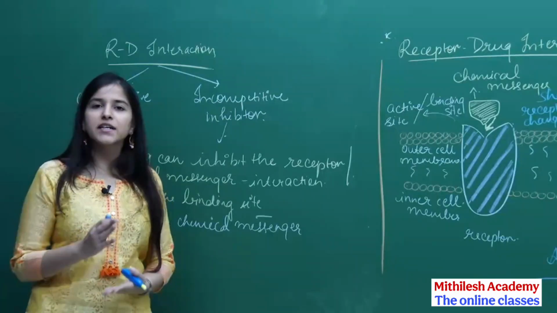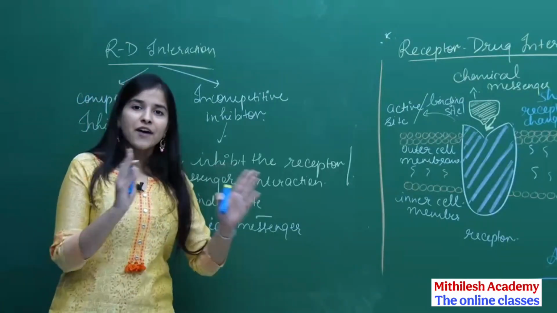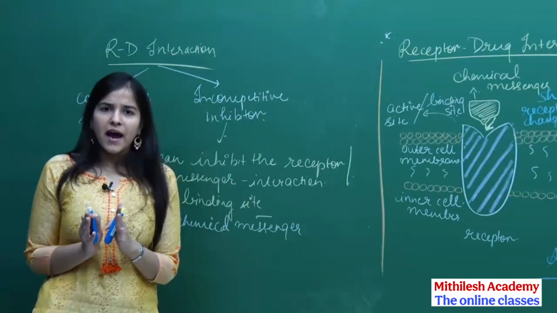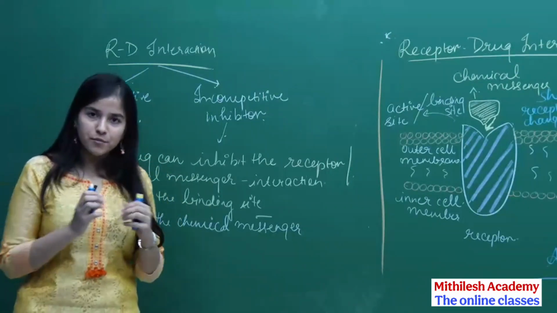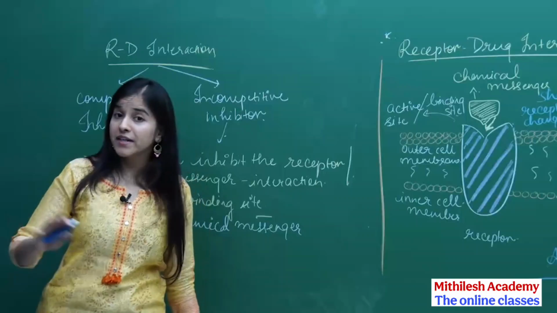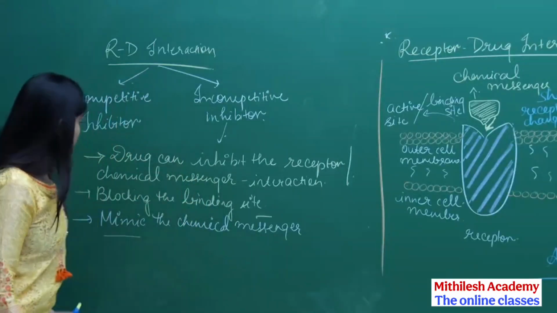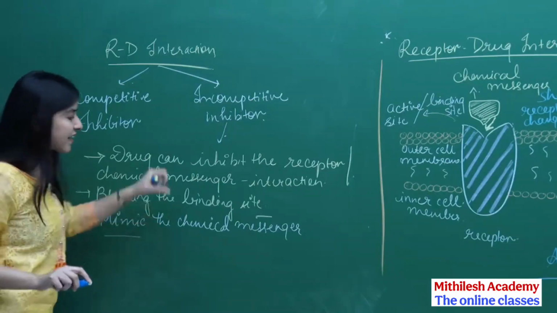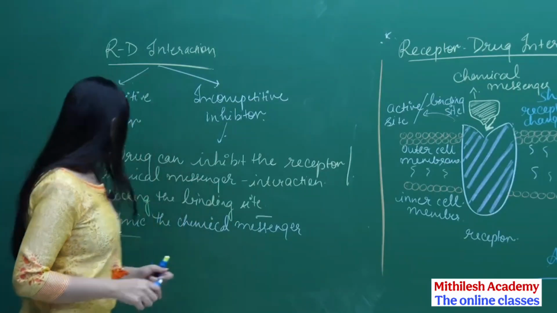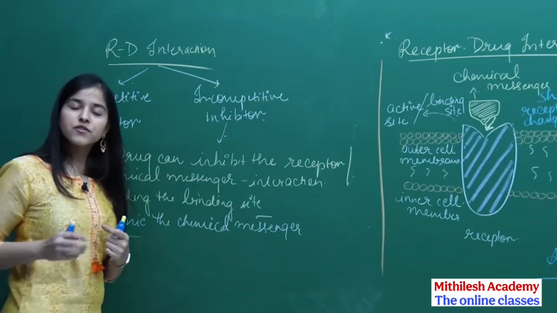So that is how it is actually having an interaction with the receptor, and it may serve a good purpose. So it may be serving a good purpose, treating the medical condition. So this very thing over here, that is the mimicking action of the drug.